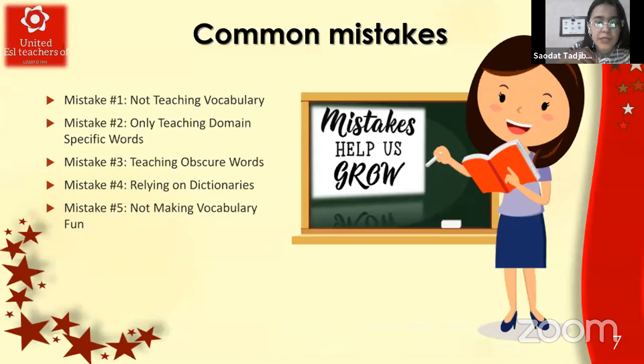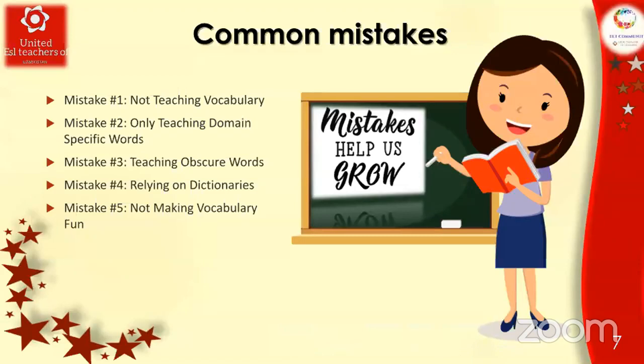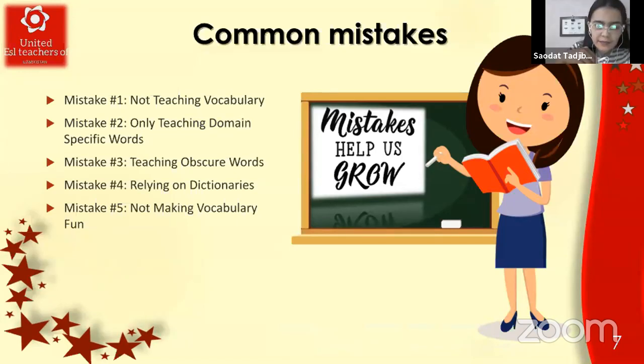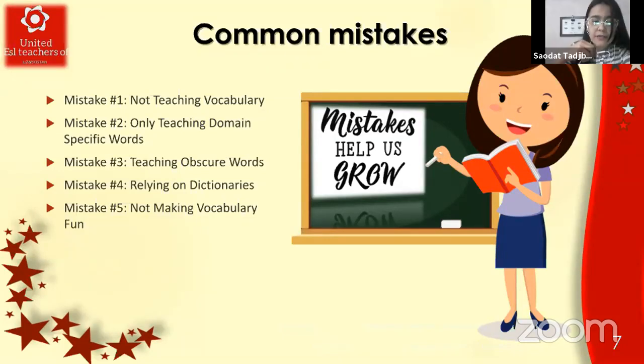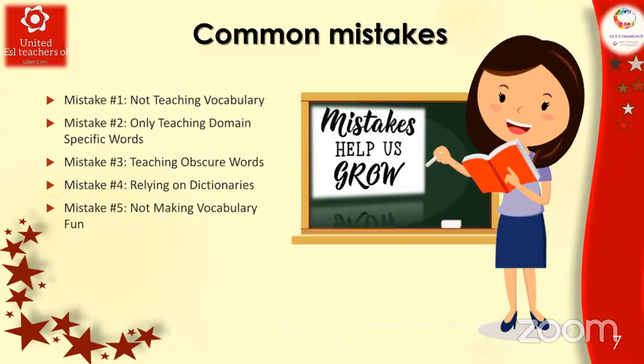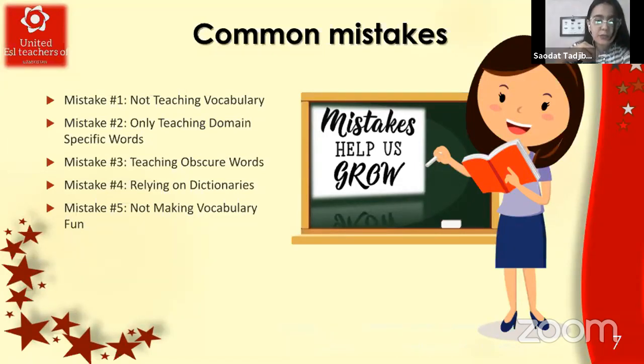Mistake number 1, not teaching vocabulary. We see that there are still lots of teachers who just send a list of vocabulary and make the learners learn it by heart, you know? And after that, if our goal as educators is to enable students to communicate with great precision, we need to ensure that students can accurately use the words we teach them.